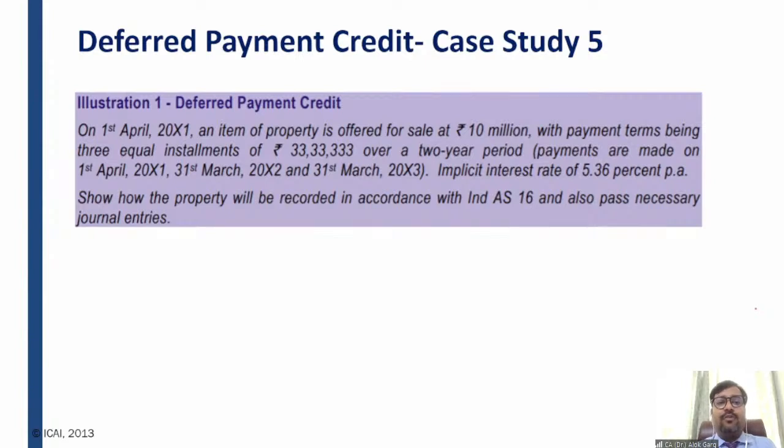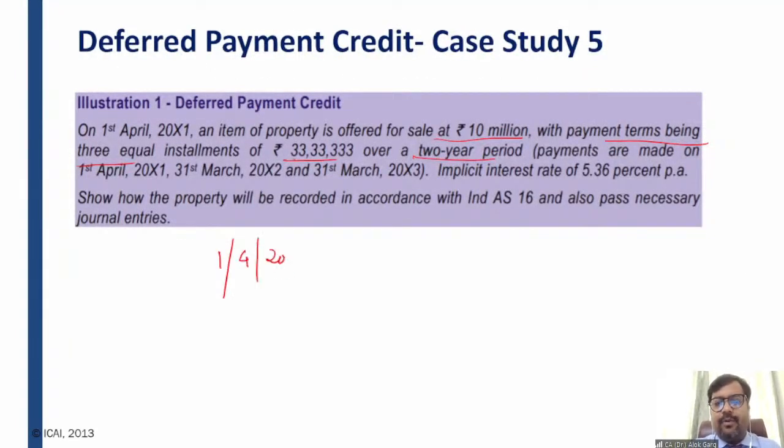On 1st April 2001, an item of property, plant and equipment is offered for sale at rupees 10 million, right? With payment terms being 3 equal installments of 33.33 lakhs over a 2-year period, right? So on 1st April 2001, what was the value of the property?